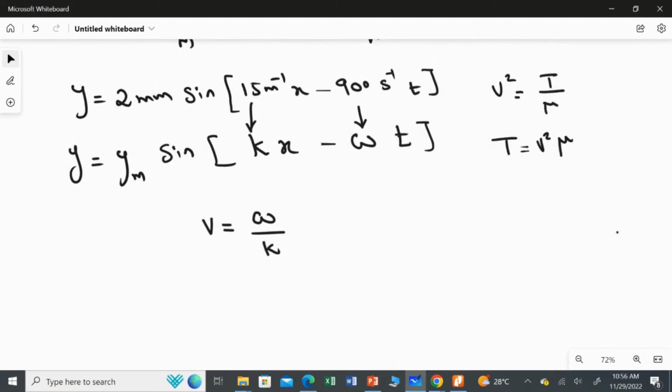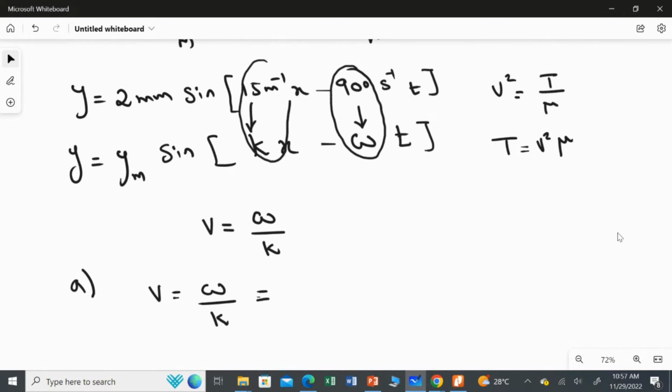So let's start. First question, we find the speed by using v equal to omega over k. Here omega is exactly equal to 900 and the angular wave number k is equal to 15. So 900 over 15.